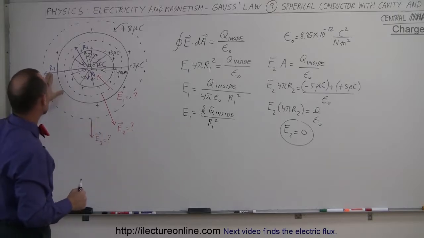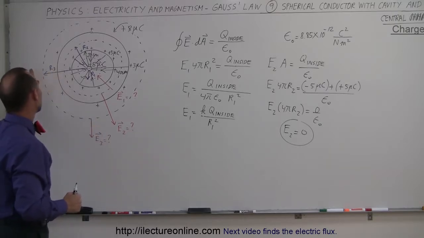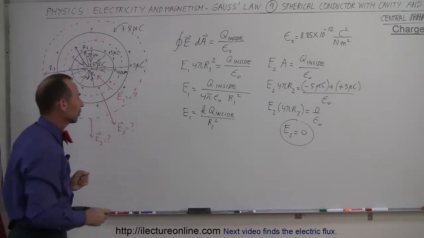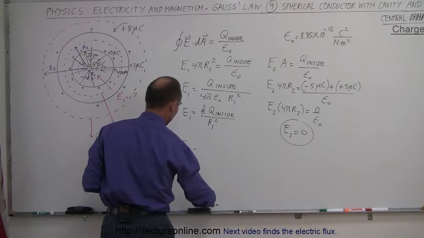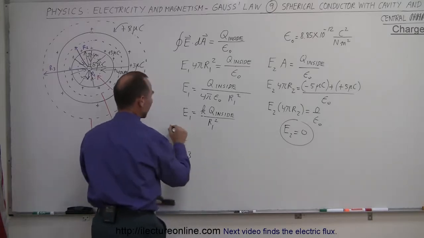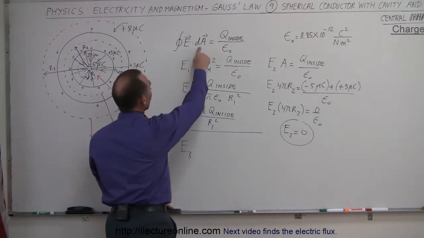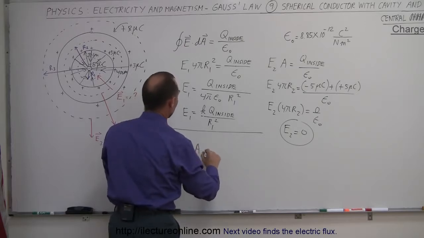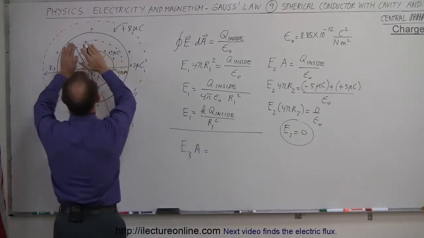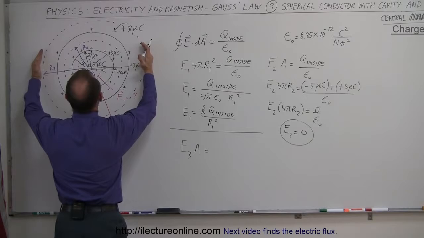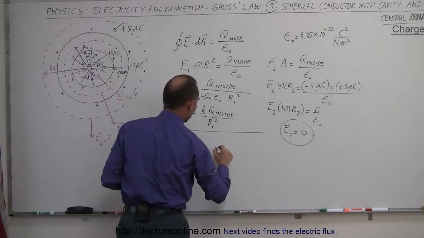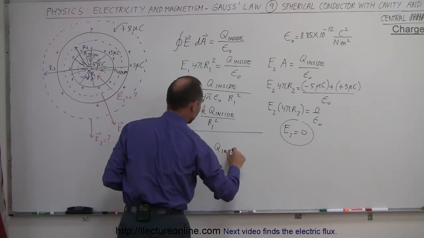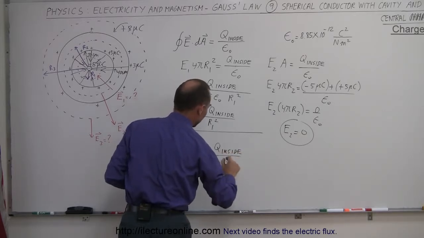And then for the third region, that would be outside the outside portion of the conductor. So now E3 times the area of the Gaussian surface that's now out to here, determined by this Gaussian surface, is equal to the Q inside divided by epsilon sub naught.